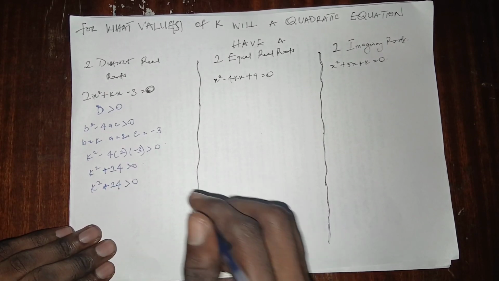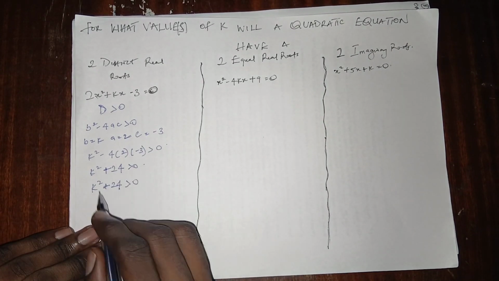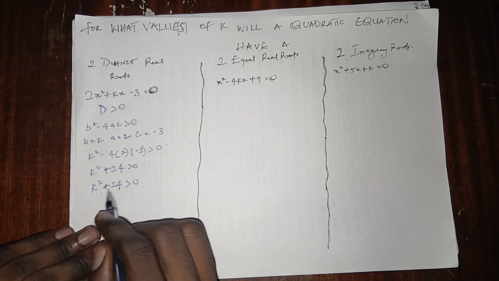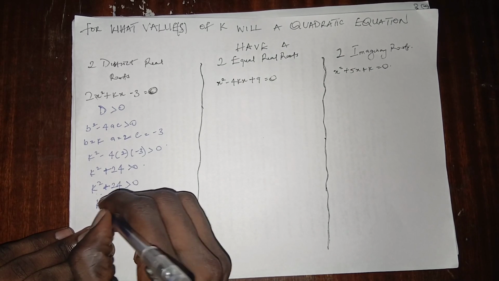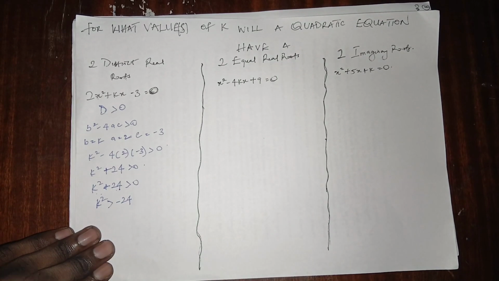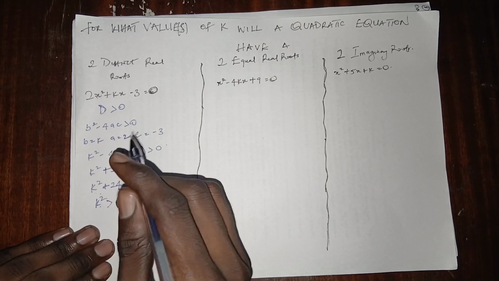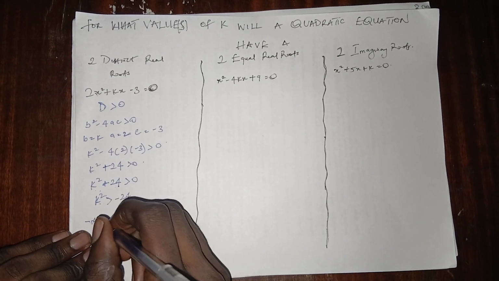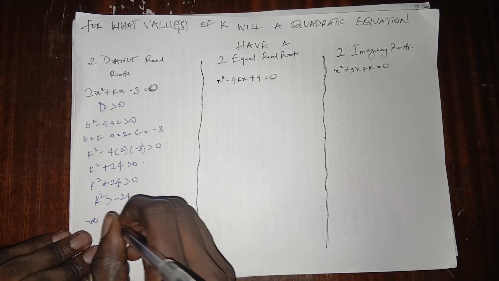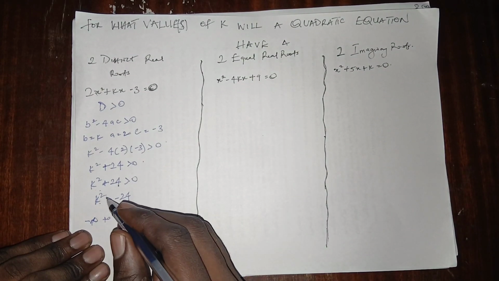If you leave it this way, any number you square, when you add to it, will be greater than 0, or take it further, greater than minus 24. Because any squared number, as long as it's in the range from minus infinity to infinity, will obviously be greater than minus 24, because if you square any negative number you get a positive.